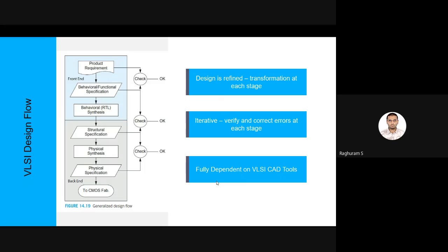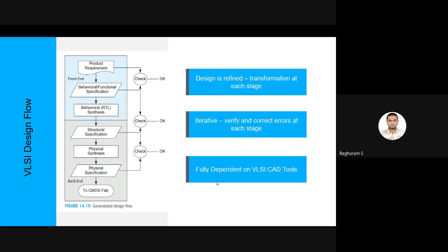There is a probability that when converting from a gate level, or when you convert from a behavioral to an RTL type specification, something goes wrong, and this could be because of the coding style or the way the conversion is done. So at every stage it is very important to do a verification, or what is commonly termed, you might have heard, a simulation.